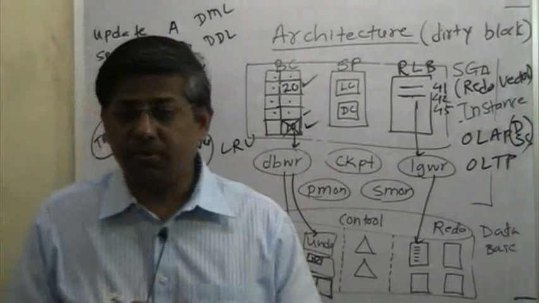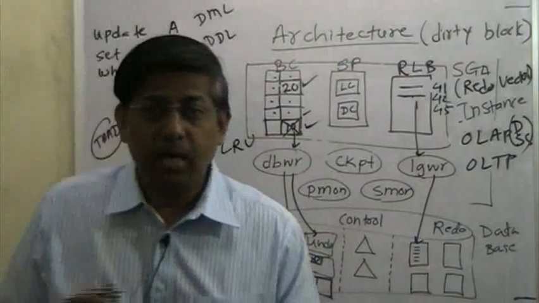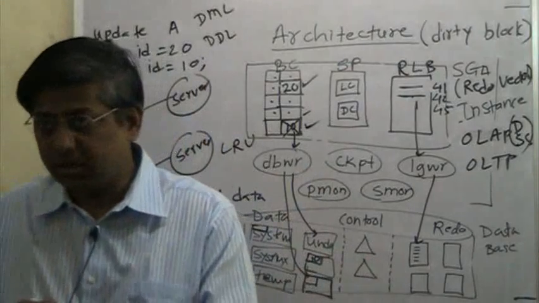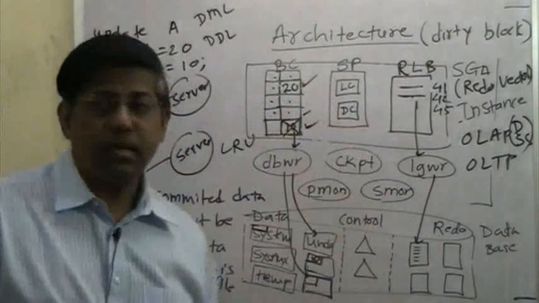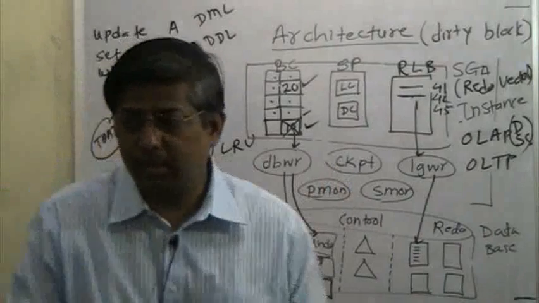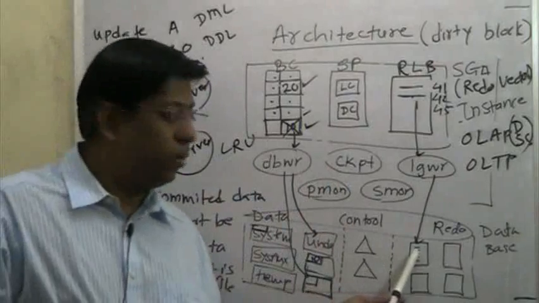Oracle is smart enough to know that the next time I start up the database using the startup command, it will go and check in the redo file whether there is any transaction that has been committed but not written to the disk by DBWR. It will know that internally, how, we will see a little later. Then it will redo that transaction.